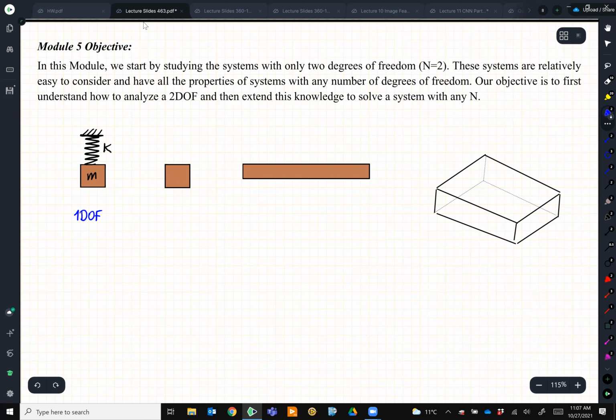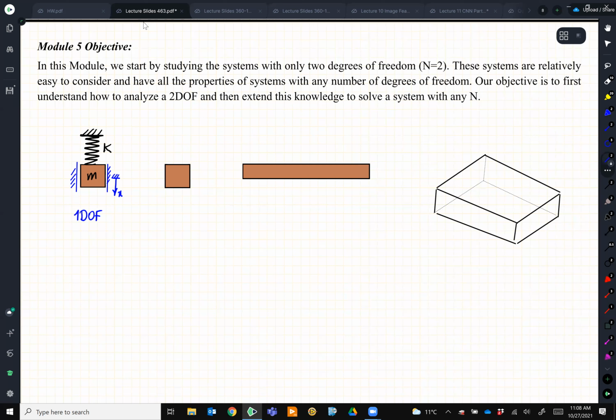Of course, the mass can move left and right, but we said we are only interested in one direction in this problem. Maybe somehow we constrain the motion of this mass by putting it inside a rail or something. But schematically, when we show it, we didn't show these walls.